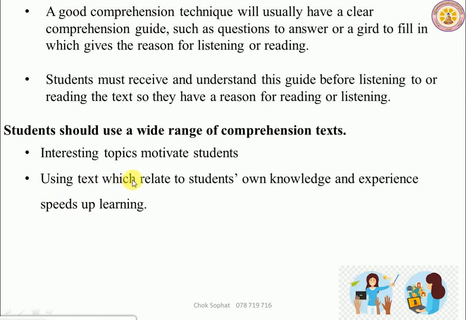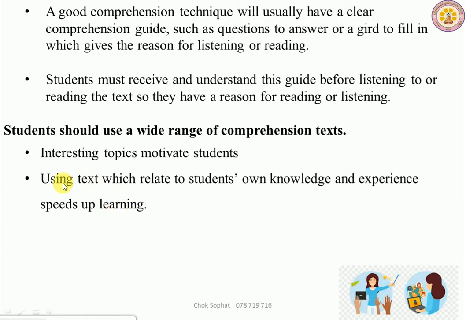Using texts that relate to students' own knowledge and experience speeds up learning. So when we teach listening or reading, we have to choose a text that is suitable for the students' knowledge and experience. If the text is not difficult, and is suitable for the students' knowledge, it can speed up their learning.